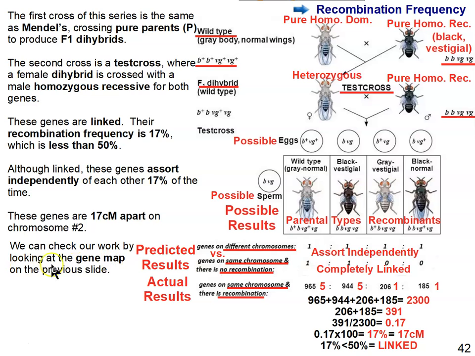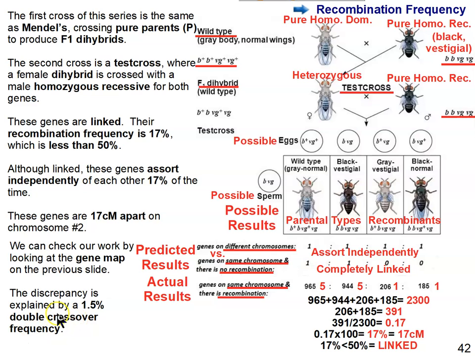So we can check our work by looking at the gene map on the previous slide. And when you do that, you're actually going to find that there's a 1.5% discrepancy between what we just calculated as the crossover frequency here and what it actually shows on that chromosome map. And the reason for the discrepancy, get ready for it here, this will blow your mind, is the possibility of double crossovers.